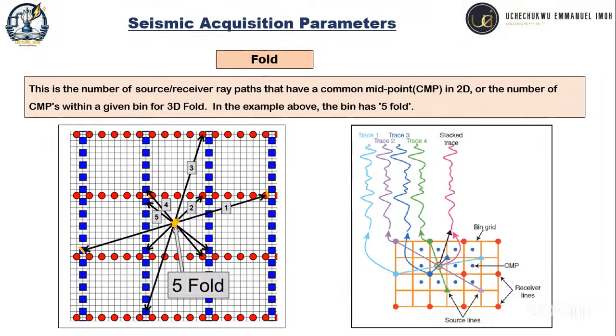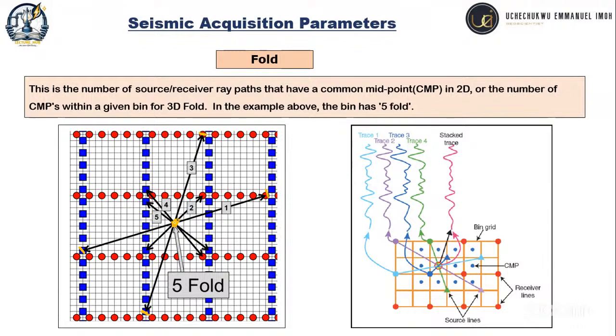And also between this receiver on the source on the upper part of the display and the receiver on the lower part, the same point becomes their midpoint because it's at the center of them all. And so the more receiver points and source points that are using the same bin as their CMP, that gives you the number of folds.